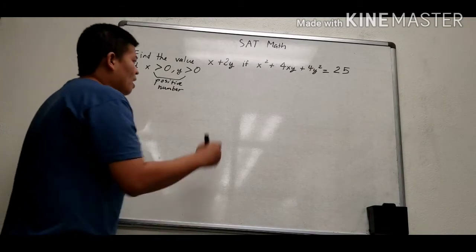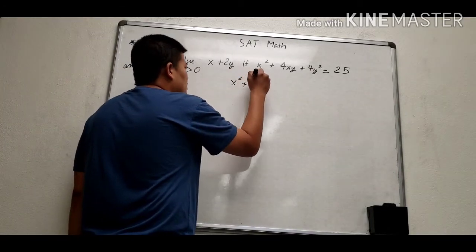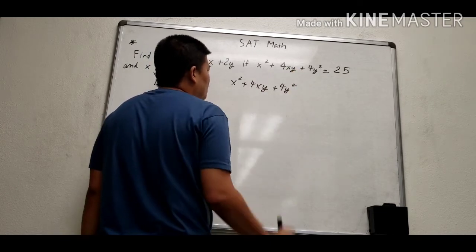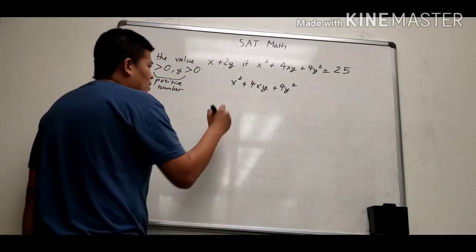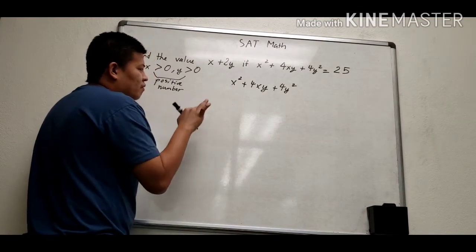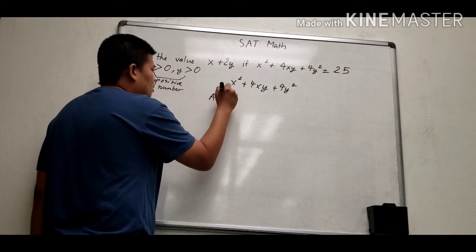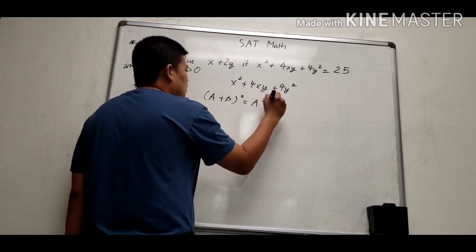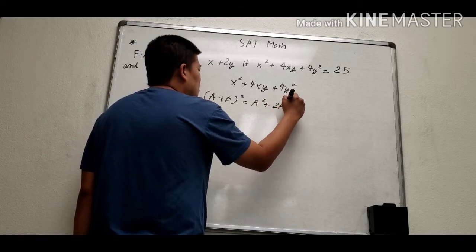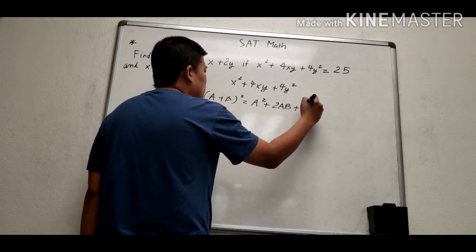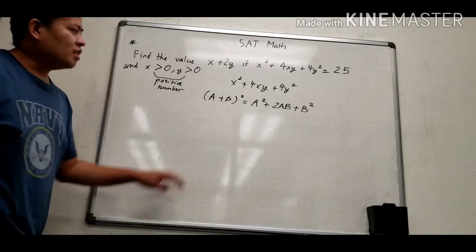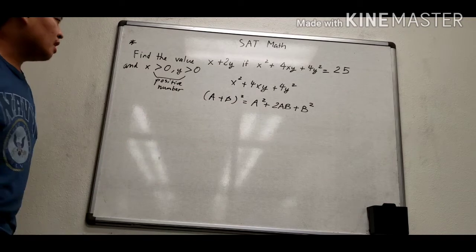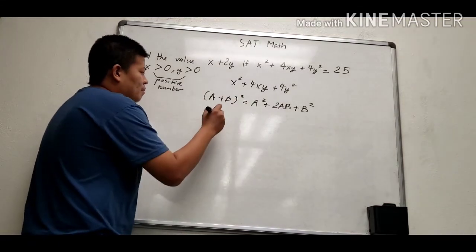In here we have s squared plus 4sy plus 4y squared, and we can see something very simple with the formula. You can see that they are similar to the formula in here, and we can analyze the numbers.